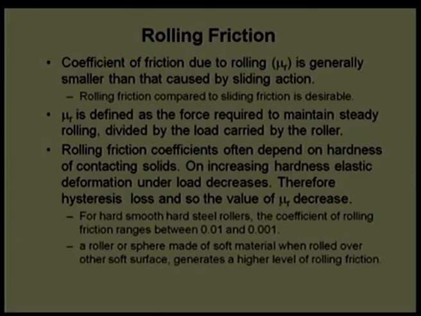Rolling friction will be high, rolling resistance will be high in that case, if the material pair is soft and soft. If the hard material is rolling over the hard material, deformation will be lower, in that case the coefficient of friction will also be lower.